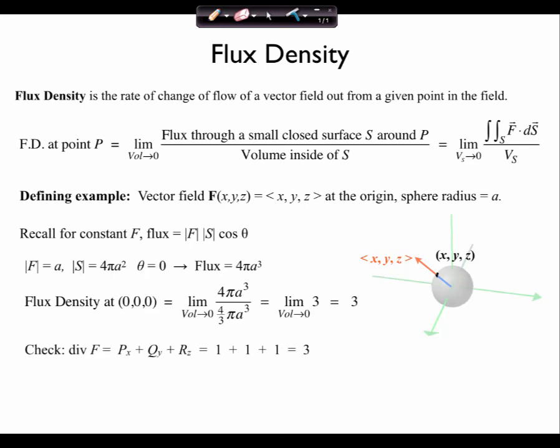The divergence is just the first component with respect to x plus the y component with respect to y plus the z component with respect to z, which in this case is 1 plus 1 plus 1 equals 3. So this is not a proof that flux density is the same as divergence, but it's a defining example. It's the easiest example we can see that they're the same.